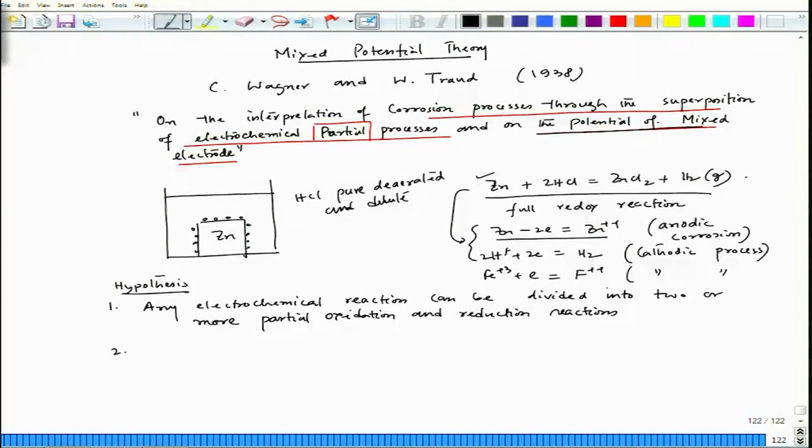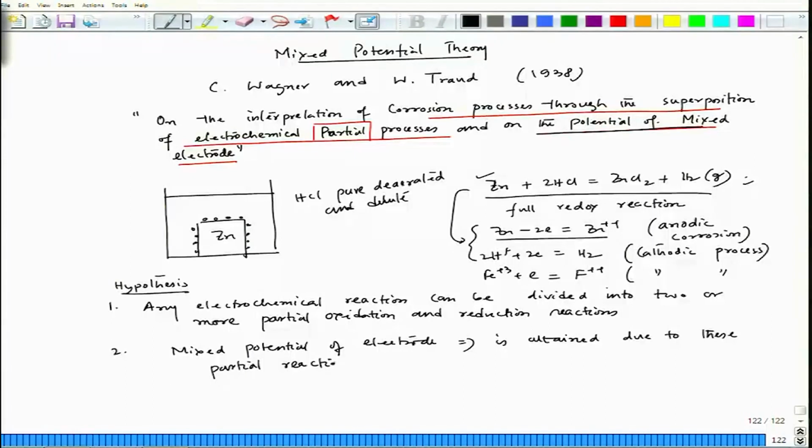In fact, the potential of mixed electrode, or the mixed potential of electrode, will be achieved due to these partial reactions, and when this mixed potential of electrode is attained due to these partial reactions, it says that there will be no accumulation of charge, or in other words, the law of conservation of charges.